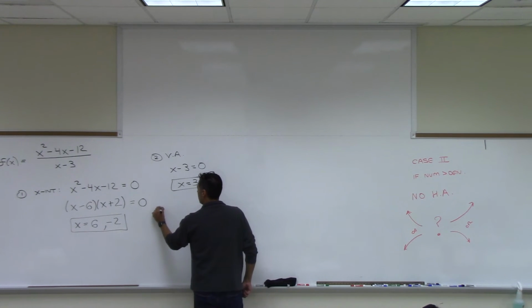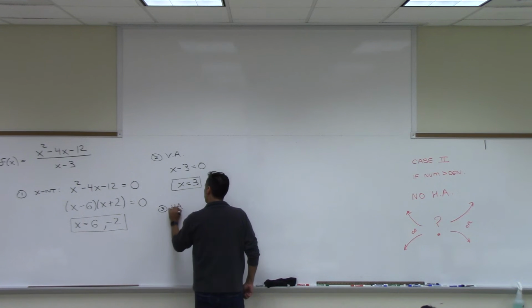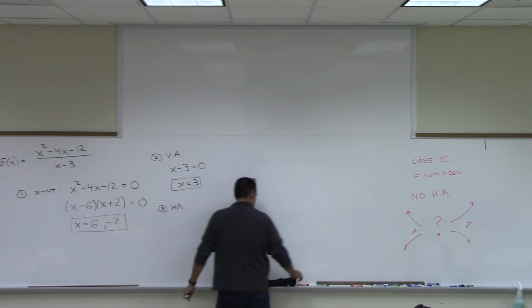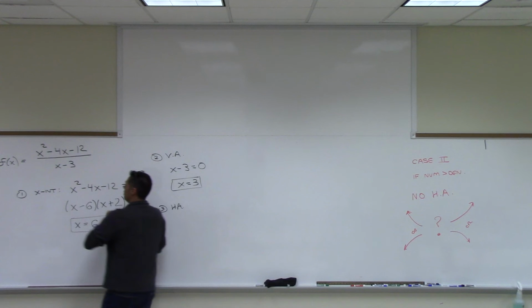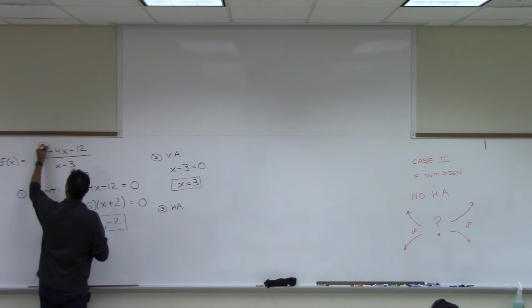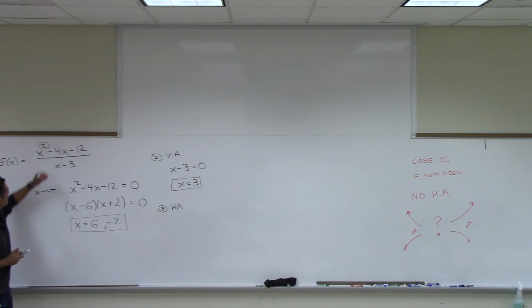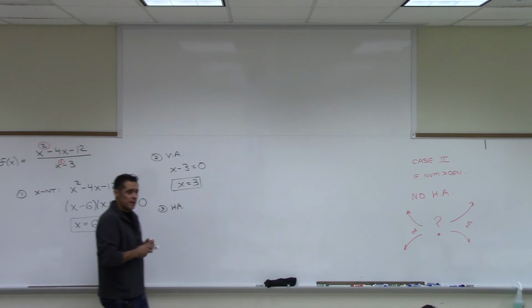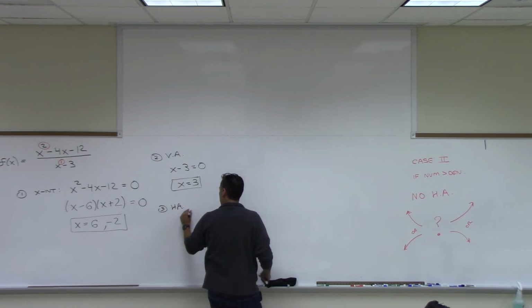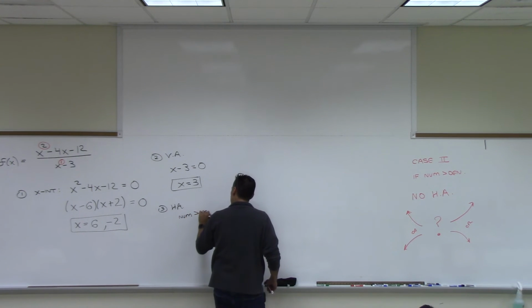All right, thank you. Horizontal asymptote. The degree of the numerator here is 2, and the degree of the denominator is 1, therefore the numerator's degree is bigger than the denominator's degree.